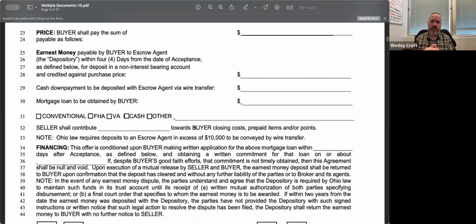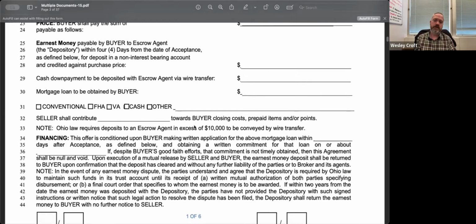So if it's $100,000 and you want them to pay 3% of your buyer's closing costs, put $3,000 there. It makes it easier and more tidy for everyone, because then they're not contributing $2,372.47 because you just wrote in 2.5% or some crazy number. It'd be easier for the title company and everyone.